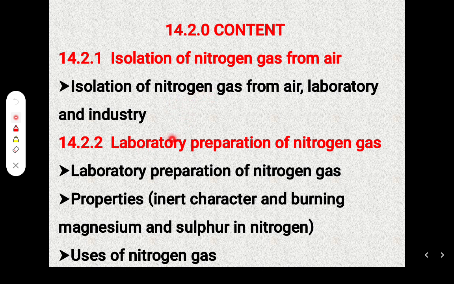When that is fully covered, we shall go on to look at the laboratory preparation of nitrogen gas, and then later look at the properties of nitrogen gas, such as inertness.